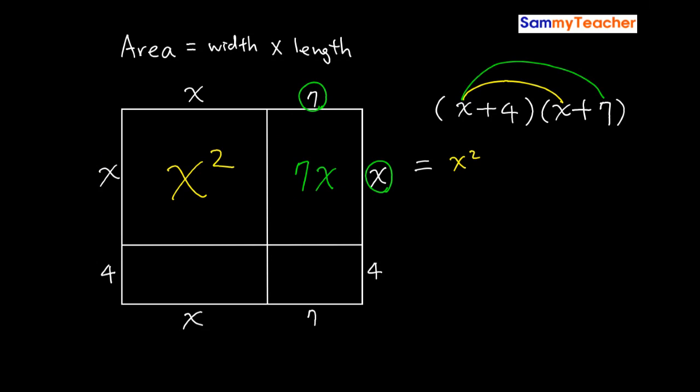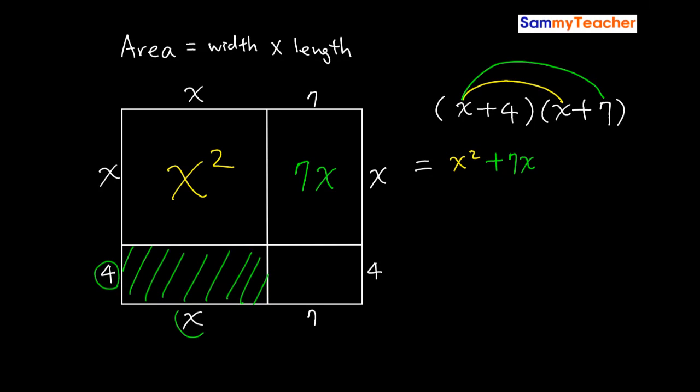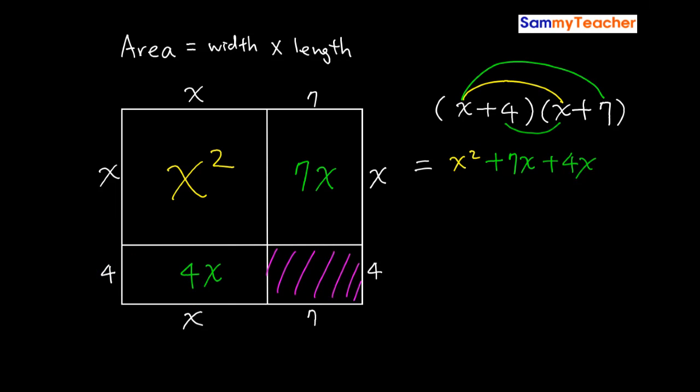So x times 7, which is 7x, and this area, which is 4 times x, that is 4x. And finally, this area is 7 times 4, which equals 28. So 4 times 7 is plus 28.